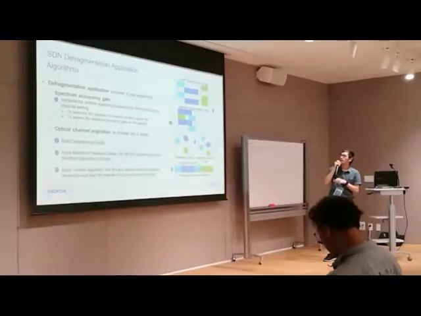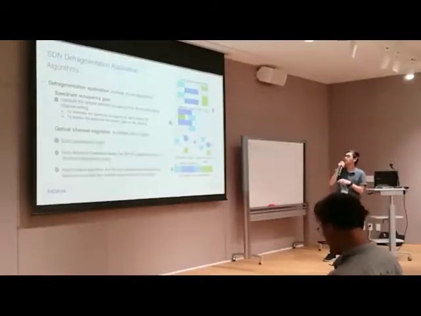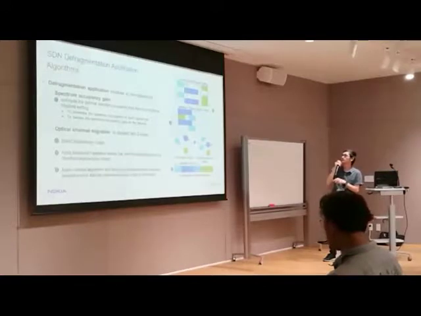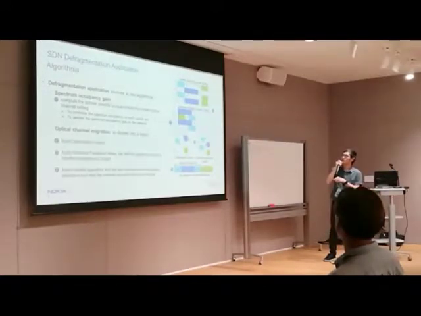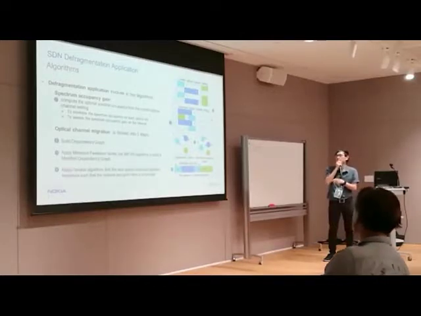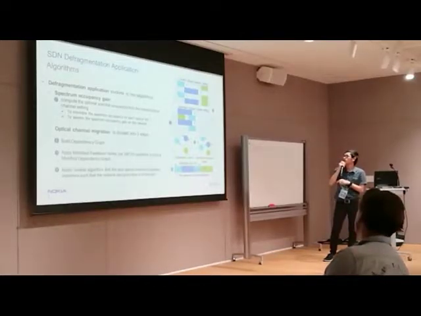Then from that we apply the minimum feedback vertex set algorithm to build and modify the dependency graph. Basically, the objective is to break the loops, to define which light path you are going to apply break-before-make to. Usually with a connection, when you apply make-before-break, you don't have service disruption time in this case.